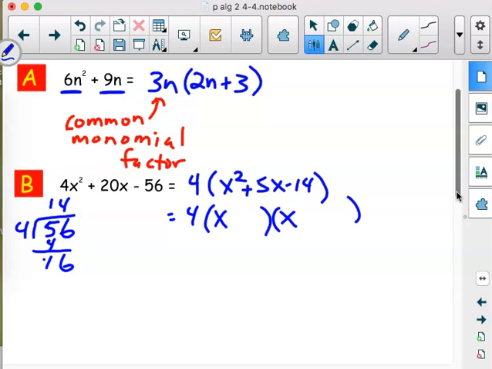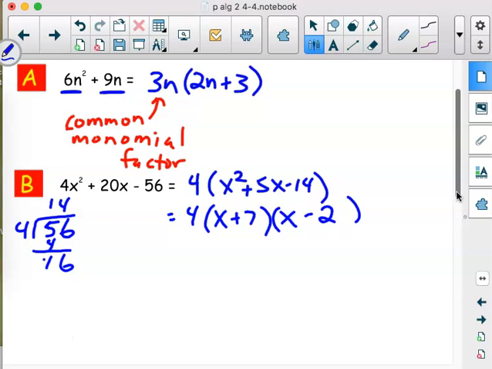If you find them, unmute and let us know what they are. 7 and negative 2. 7 and negative 2 multiplies to negative 14 and adds to 5. Now we have factored completely.